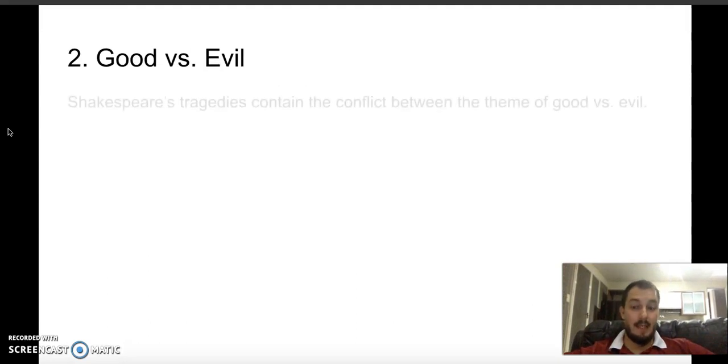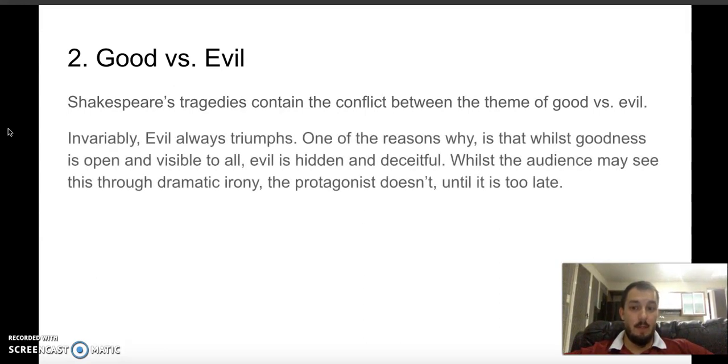Next we have good versus evil. Tragedies often contain the conflict between good and evil, and this is tragedy, so invariably evil triumphs. One of the reasons is that whilst goodness is open and visible and talked about, evil is hidden and deceitful.